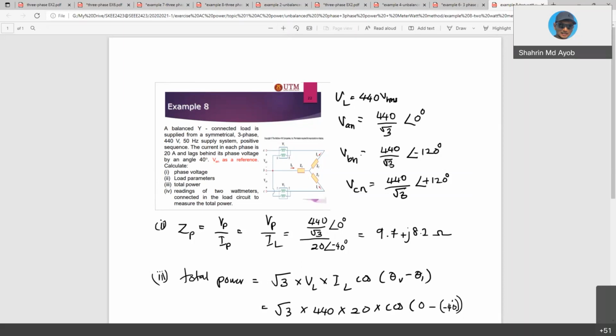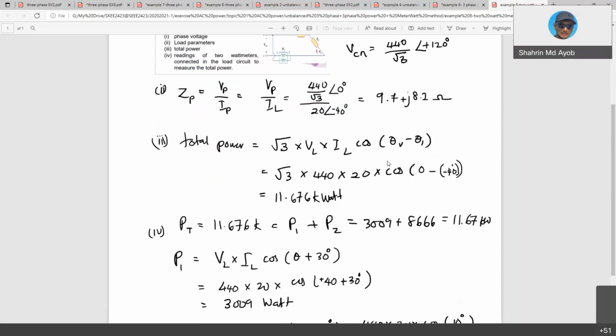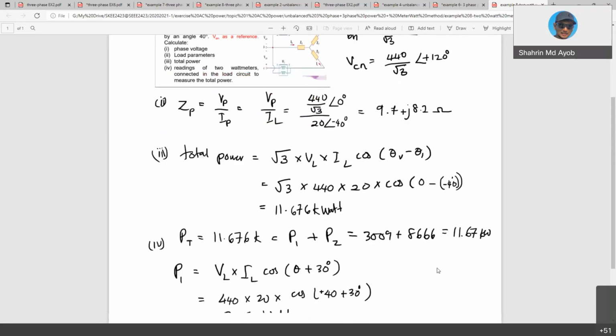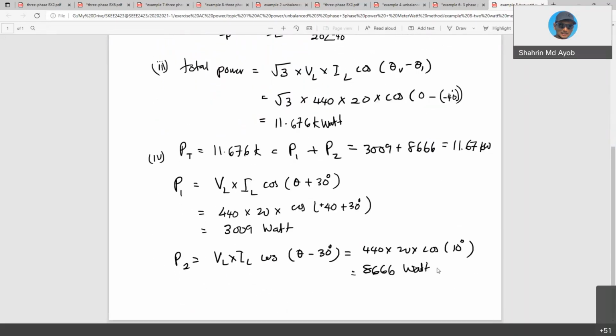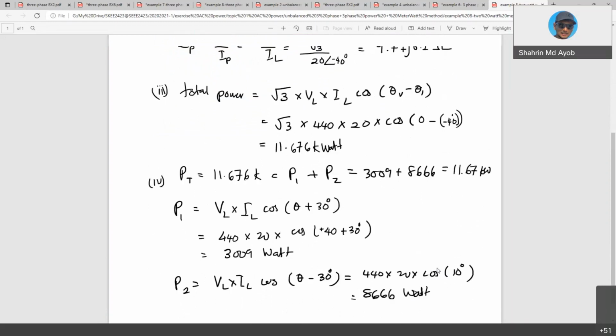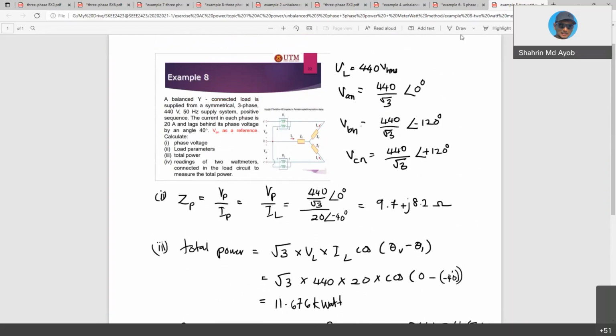The discussion is quite long if you refer to the textbook, so in the notes I just simplify. I think in my pre-recorded video, I have also explained why we need the formula. In my slide, I just conclude: we have two wattmeter readings, P1 and P2.